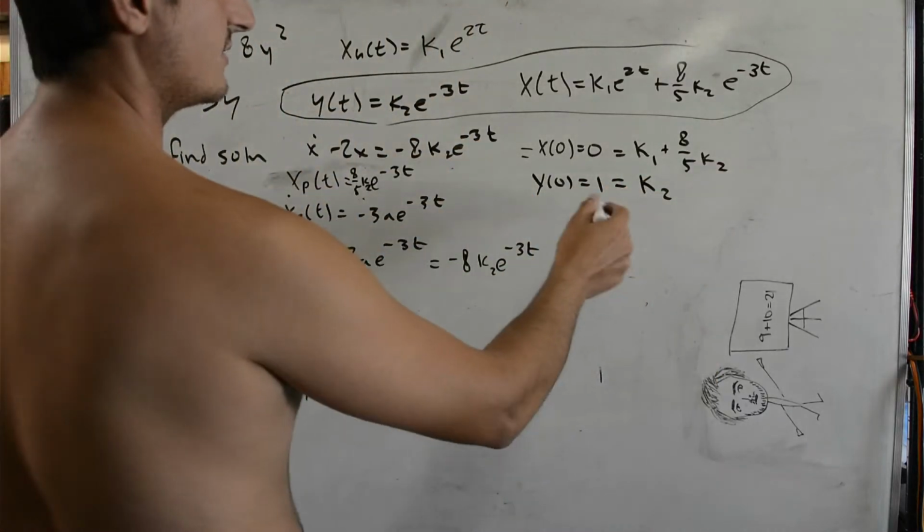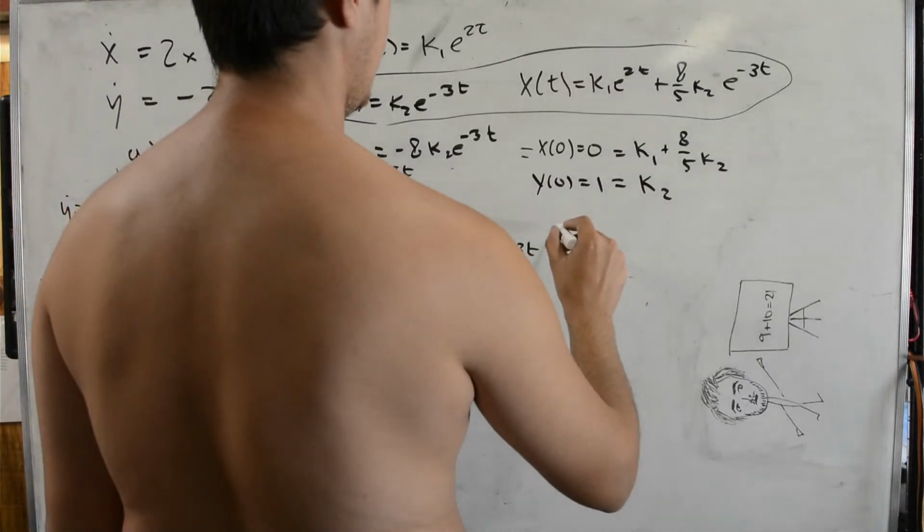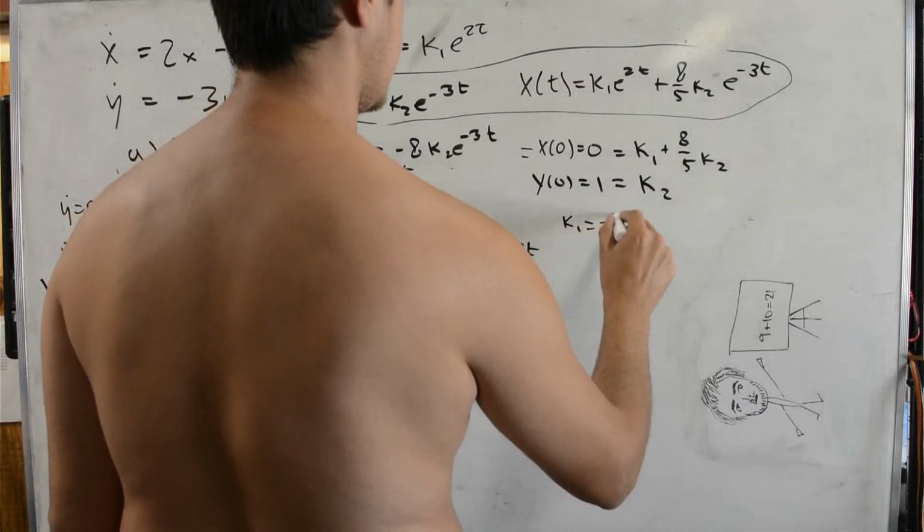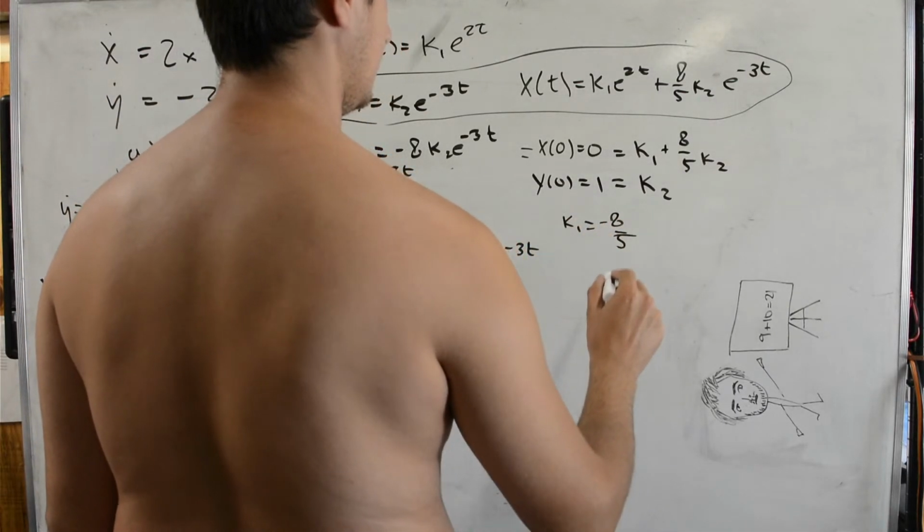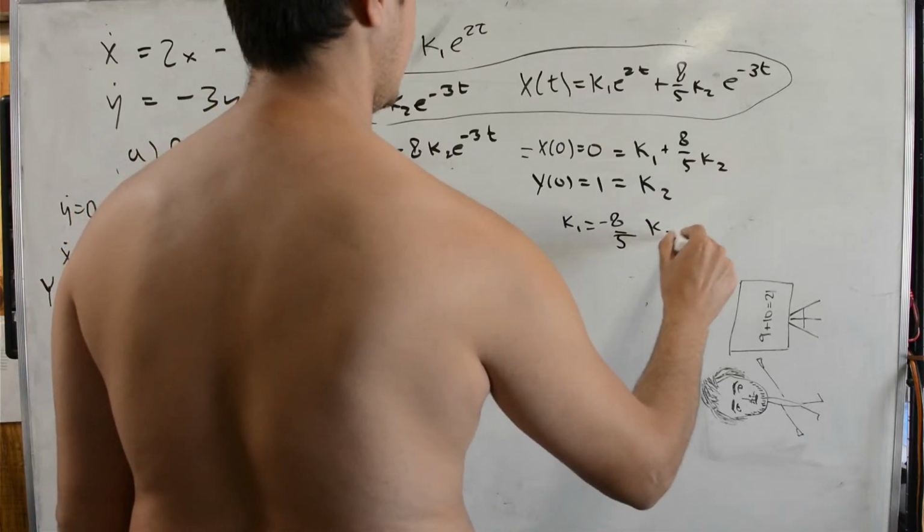So k2 equals 1, so then we're going to get k1 equals minus 8/5. K2 equals 1.